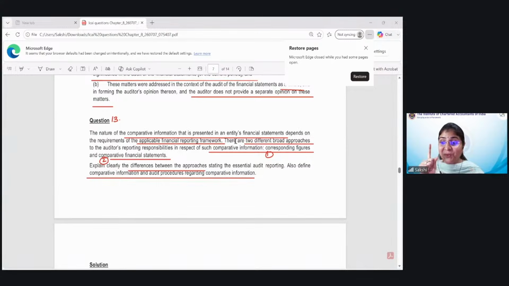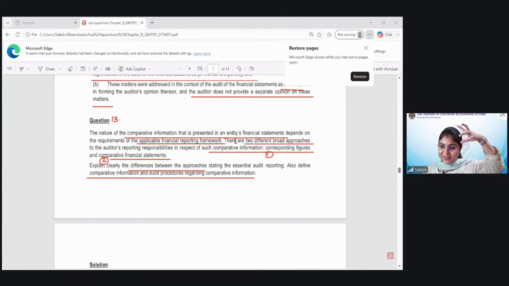Second, with regard to the accounting policy, it is consistent with that followed in the previous year. For example, you followed WDV for depreciation of fixed assets, and this year also you are following WDV. It is not that you have changed it. And if there is any change, whether it has been properly accounted and adequately presented and disclosed.